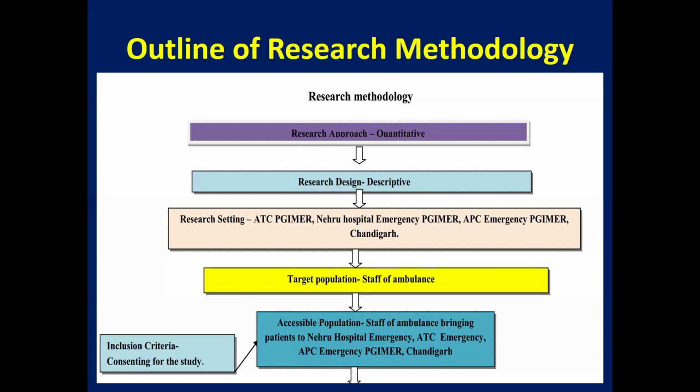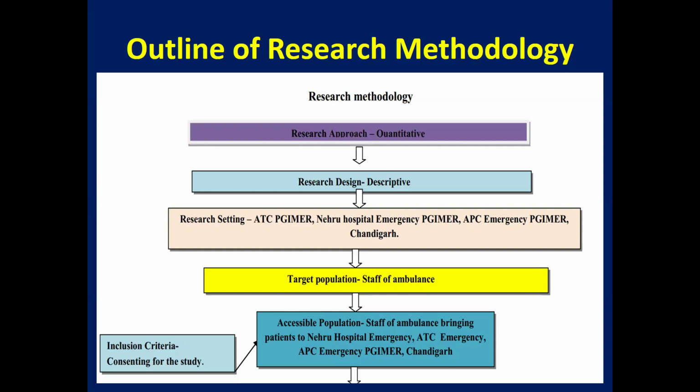And what is our accessible population? Staff of ambulances bringing patients to Nehru Hospital emergency, Advanced Trauma Center emergency, Advanced Pediatric Center emergency, PGI-MER Chandigarh, and enrolled during the data collection period. So it is our accessible population, and our target population is just staff of ambulances all over India or all over the world.